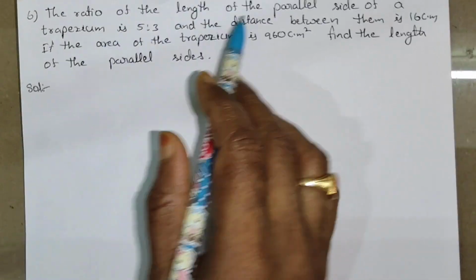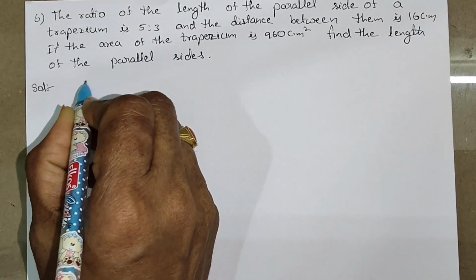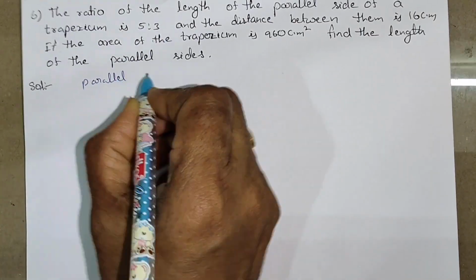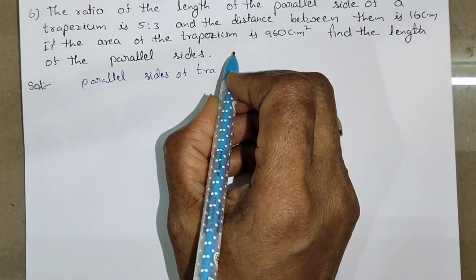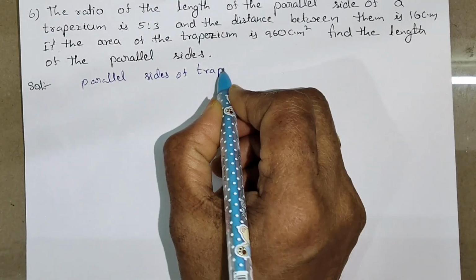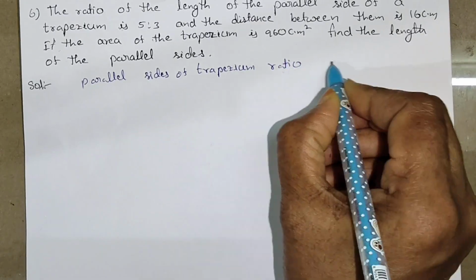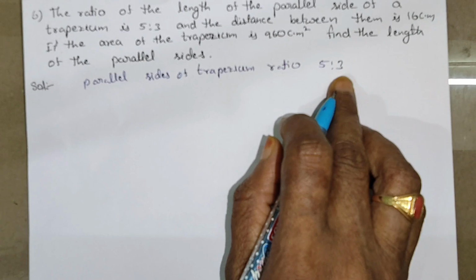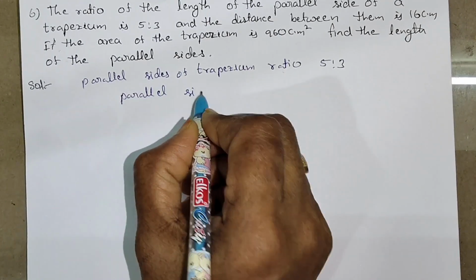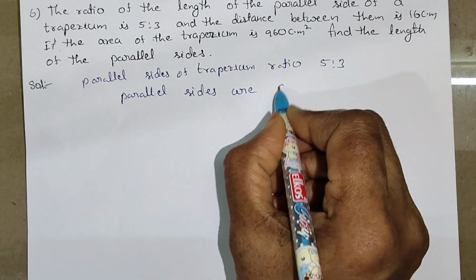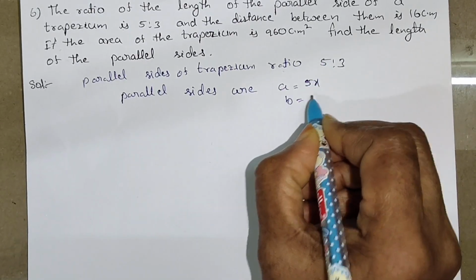So here parallel sides of a trapezium is 5:3. Here ratio is 5:3. 5:3 means here parallel sides are, A is equal to, we write 5x, B equal to 3x.